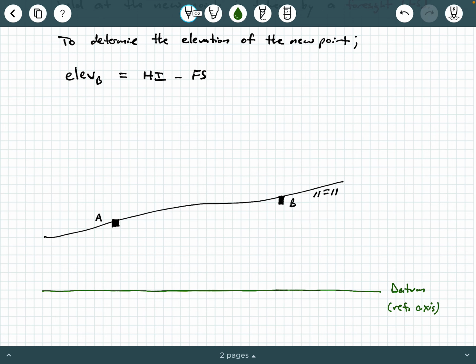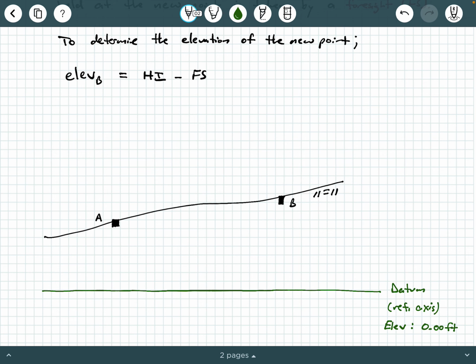Now, often we just call a datum 0, okay? So in math terms, you can think of a datum as maybe like your x-axis. It just represents 0, or what you're calling 0. Everything is referenced back to the datum. So I'm going to say that the elevation of the datum is 0.00 feet.